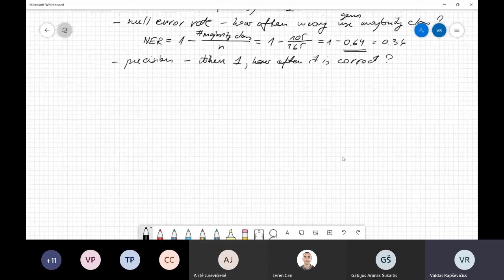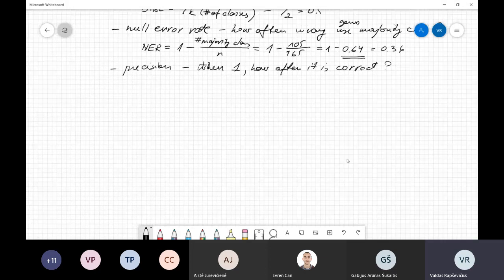Okay, let me go back here and we will write down the formula now. So precision, again, this is from medicine. Our first class is the most important one because in medicine it is usually the positive diagnosis, for instance COVID-19, which is not desired to have. So precision would be true positives divided by true positives plus false positives.